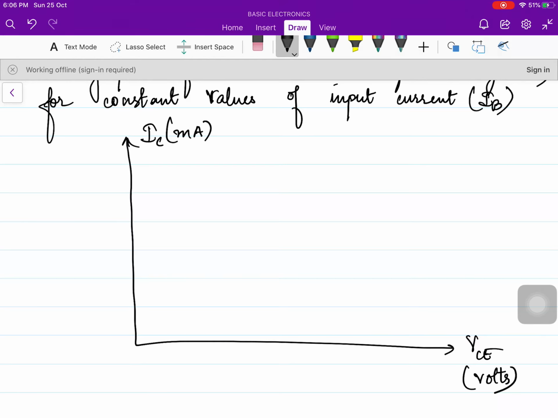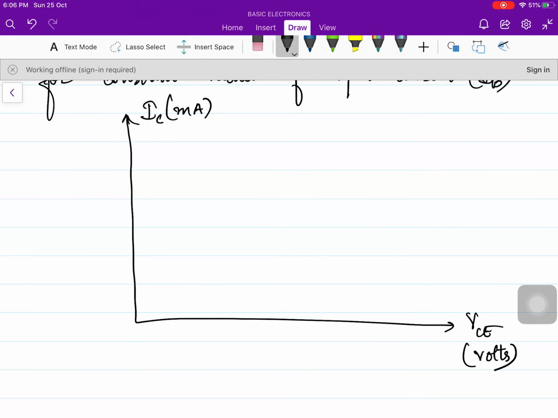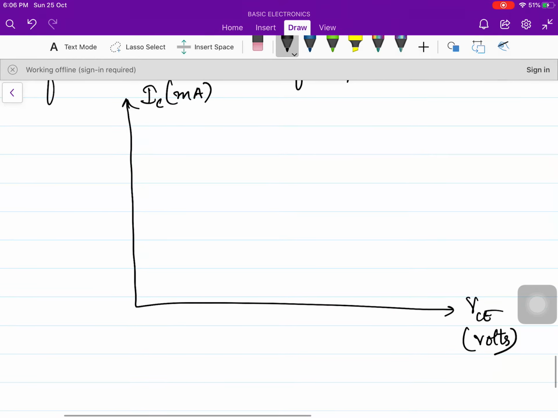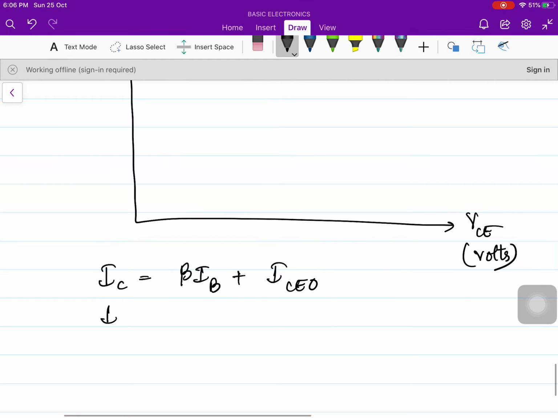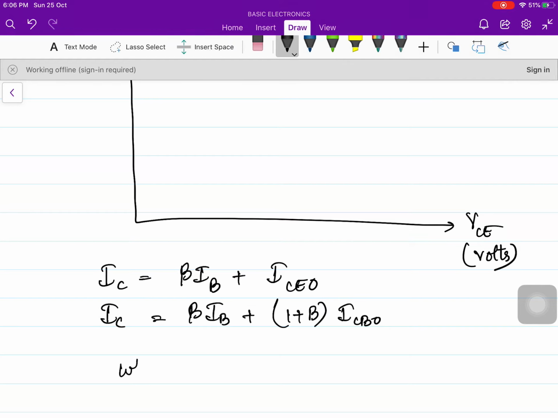Now, I have also told you the strategy to analyze the output characteristic. First of all, write the output collector current equation, the complete equation for common emitter, and I will also expand this ICEO in terms of ICBO. So this is the equation. Now analyze it for IB equals 0.